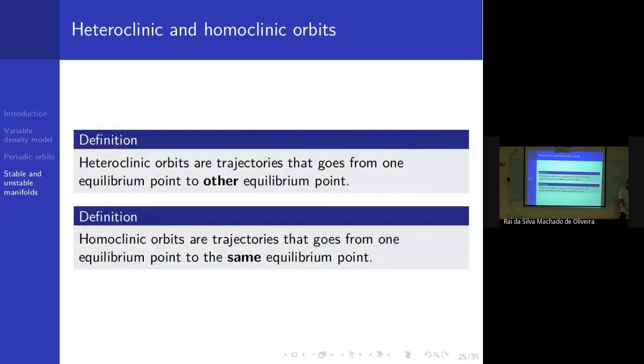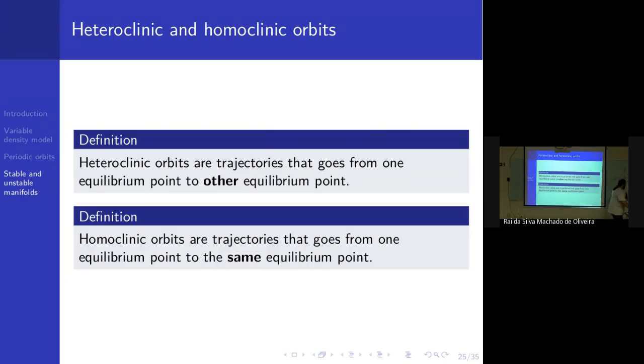Now, the question is the following. We have orbits that converge to an equilibrium point, orbits that diverge from an equilibrium point. Is it possible for an orbit to go from one equilibrium point to another equilibrium point? And the answer is yes. We have something called heteroclinic orbits. They are orbits that go from one equilibrium point to another equilibrium point.